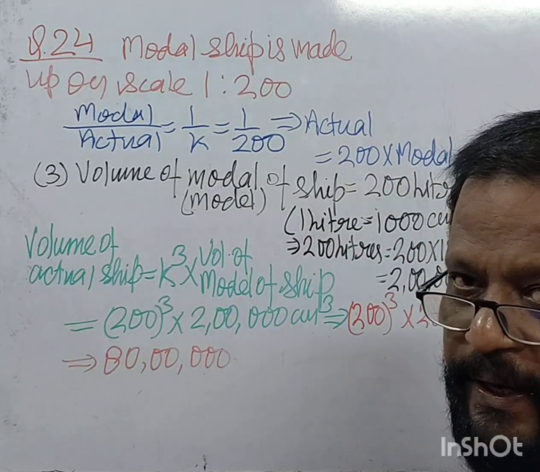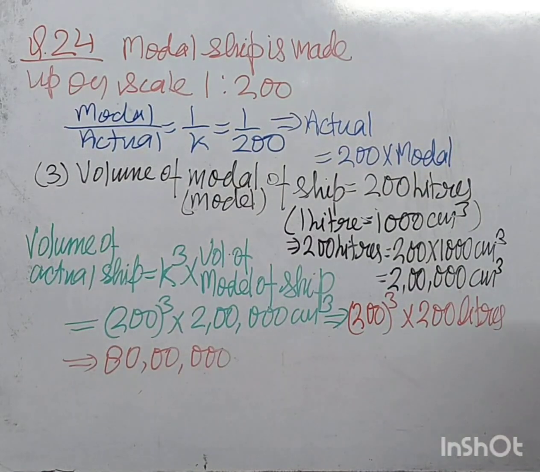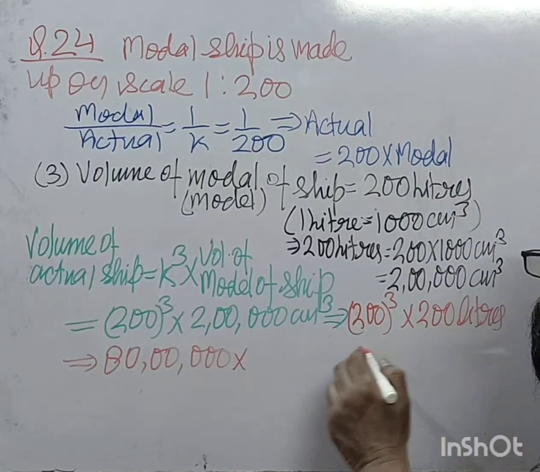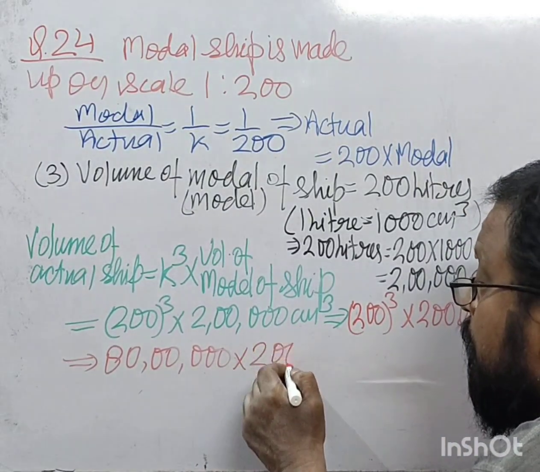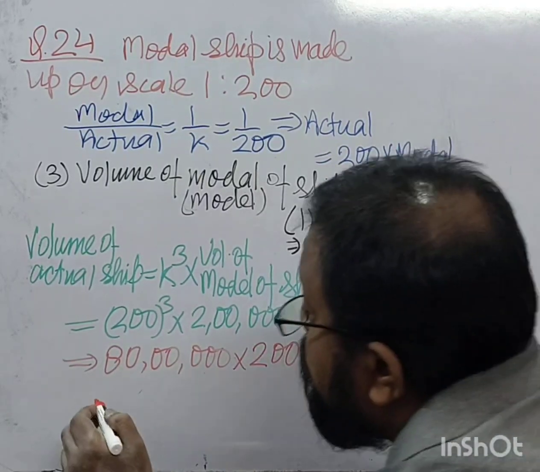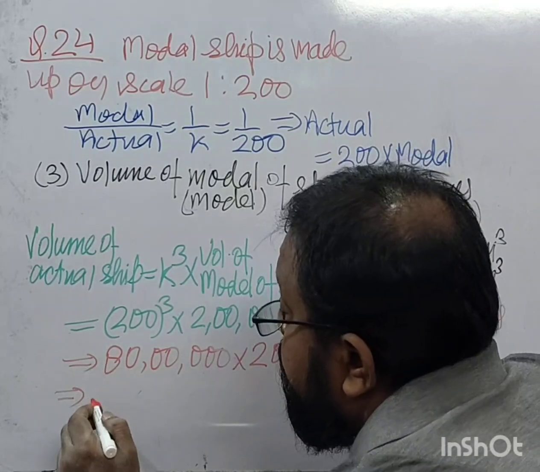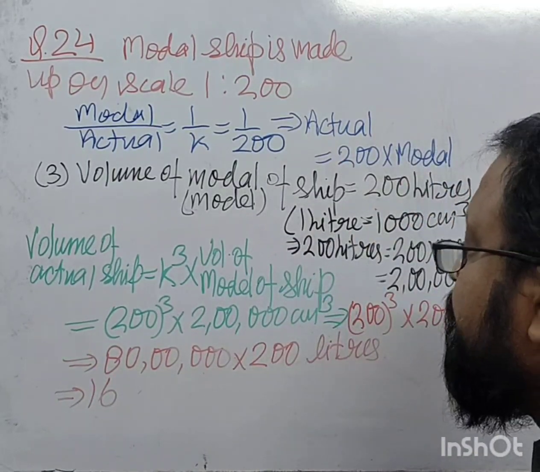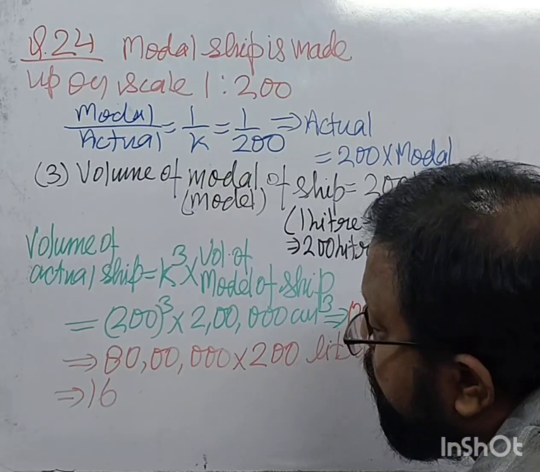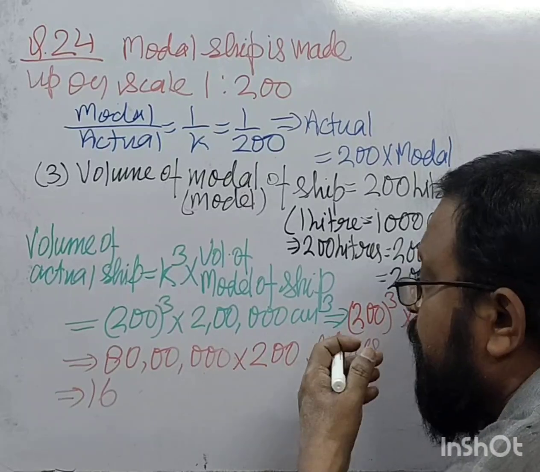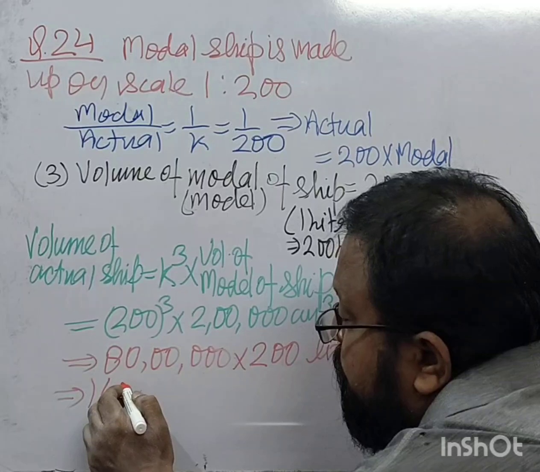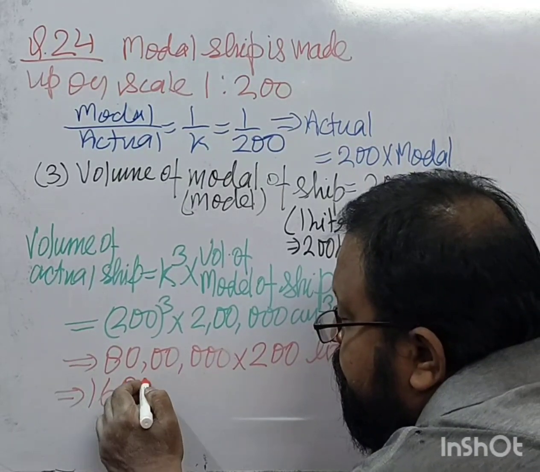So it becomes 80 lakhs into 200 liters, right? So how much do you get? It is 16, right? 2 times 8 times 2 becomes 16. After that, 6 plus 2, 8 zeros.